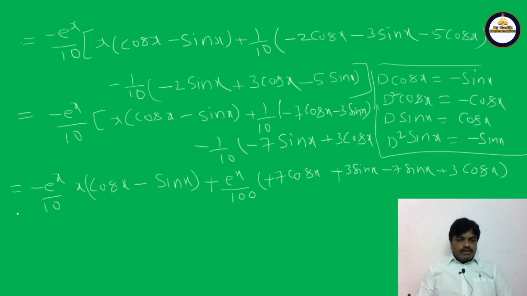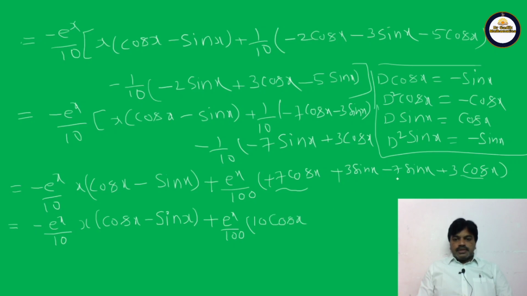So that is equal to minus e power x by 10, x of (cos x minus sin x), plus e power x by 100 into minus 7 cos x plus 3 cos x, friends. We get here minus 4 cos x, plus 3 sin x minus 7 sin x, so we get minus 4 sin x.